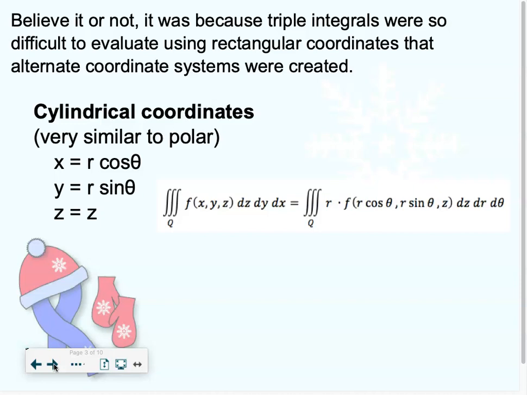So again, you're going to multiply by r. Q could be anything. I just use Q for the generic triple integral region.